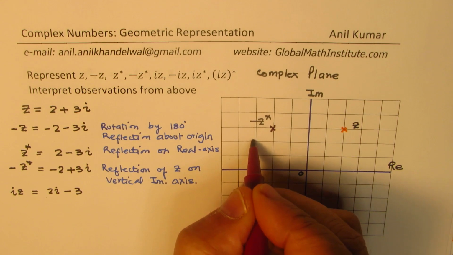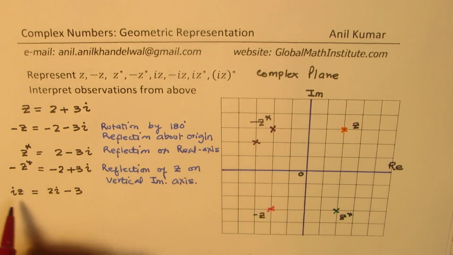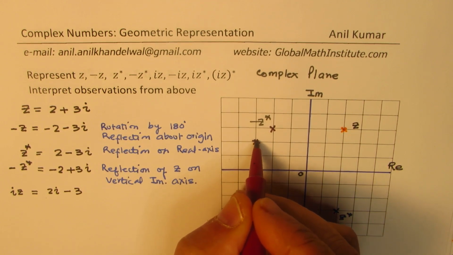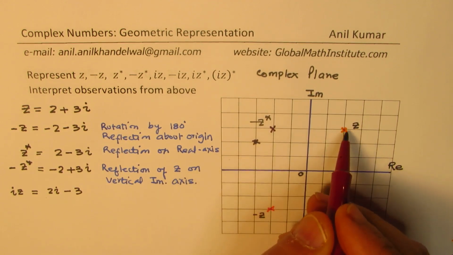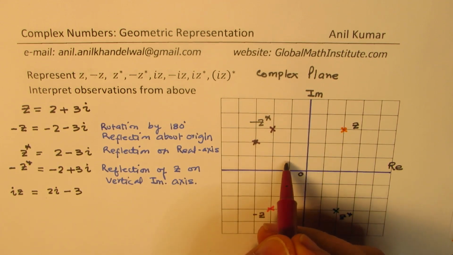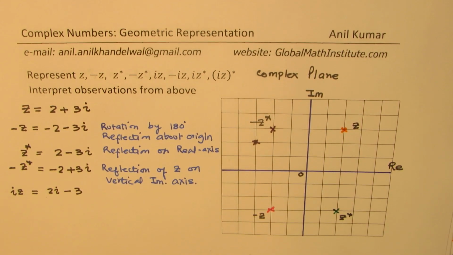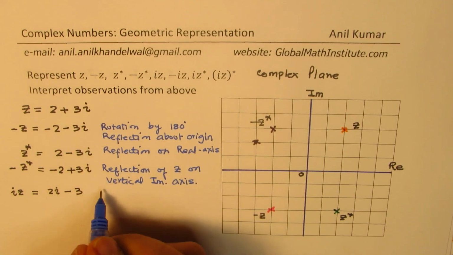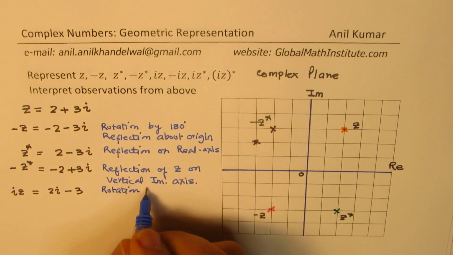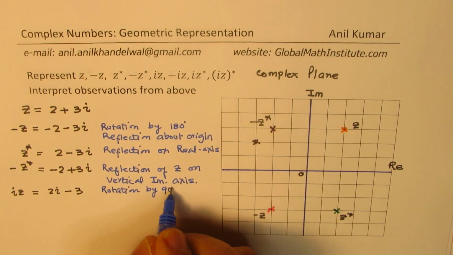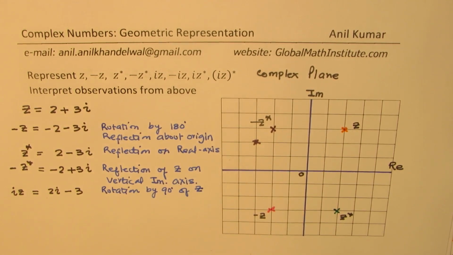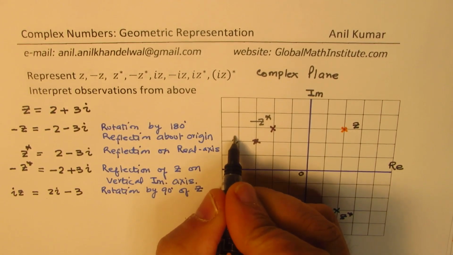So that becomes the position of minus 3, 2i. Now if you compare this position with the original, then it is rotation by 90 degrees, right? So this is rotation by 90 degrees. Correct? So this is i times z.